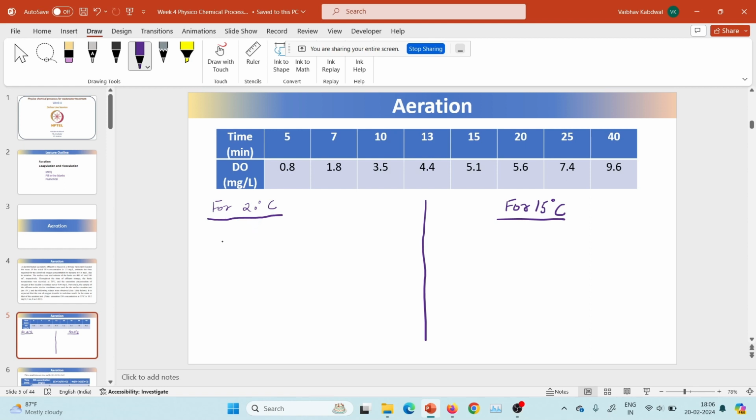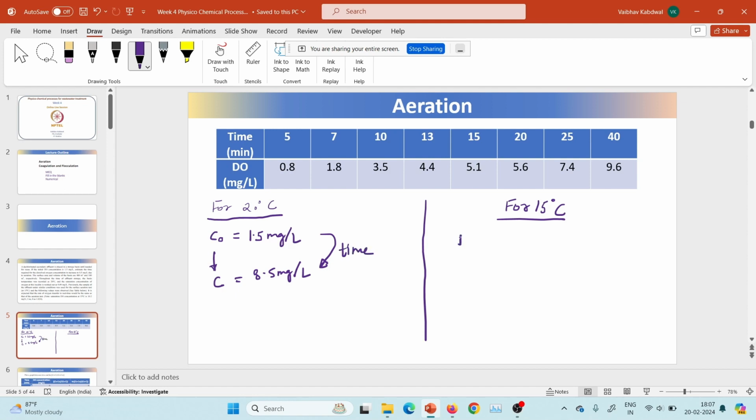So the question simply says we need that initial C0 value, the initial concentration of DO, is 1.5 milligram per liter, and after aeration the concentration will be 8.5 milligram per liter. So we need to find the time, how much time will it take.